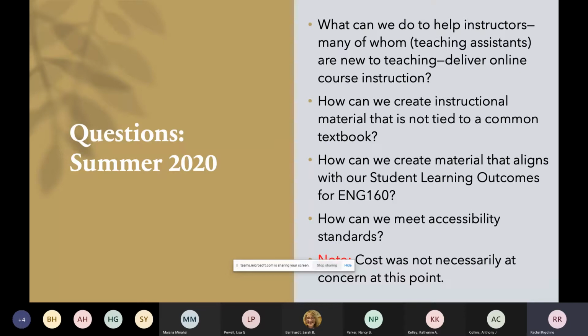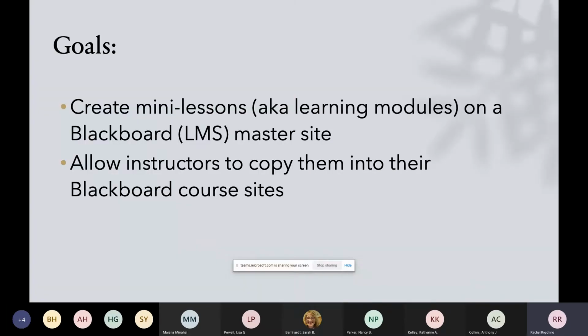But frankly, in composition, our textbooks, especially a used textbook, are not all that expensive. So our goal, we decided, was, hey, can we put something up on Blackboard? We use Blackboard, unfortunately. We're moving away from that, thank goodness. Just not a very sexy platform, learning management system.